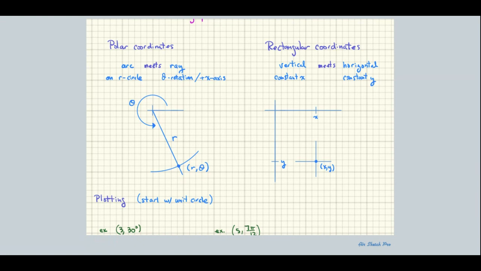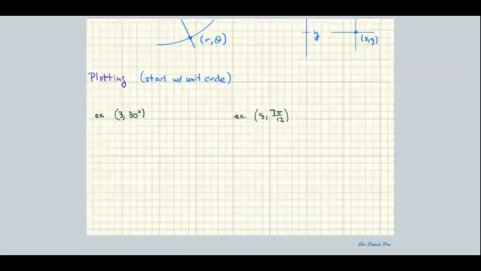That's another way of writing it, and it gives me the same coordinates. So that's the issue, and we'll worry about that in a second. First of all, let's start off with a particular pair r and theta and see if we can figure out how to find them on a plane.